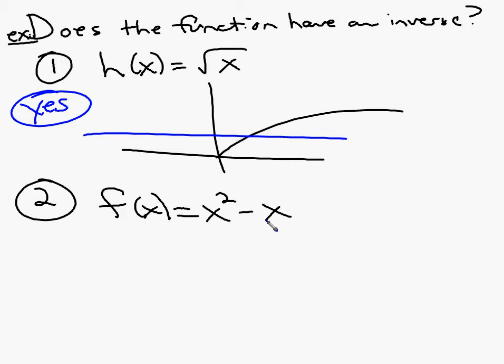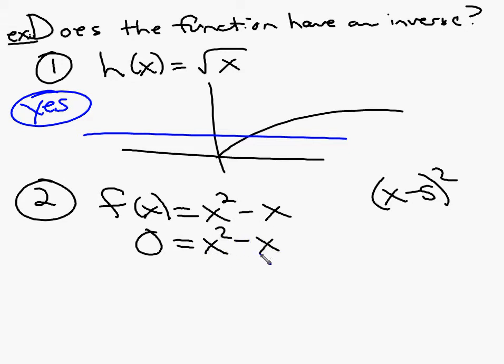Well, this one has a little bit of a different shift to it. If I don't know where it's shifted, because notice this one isn't written like x minus 5 quantity squared, then I have to look at intercepts. And this is something we spent a lot of time on this year, finding the intercepts. So if I set that equal to 0, this is a pretty quick and easy problem.